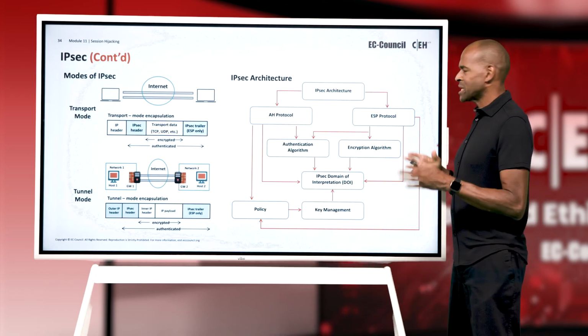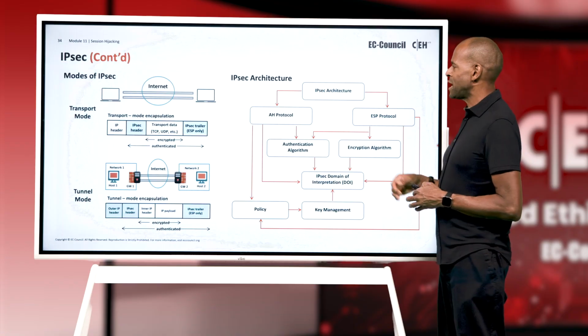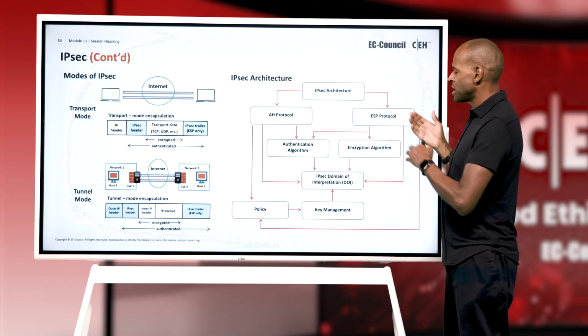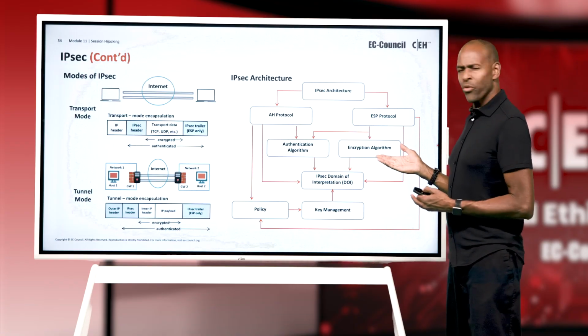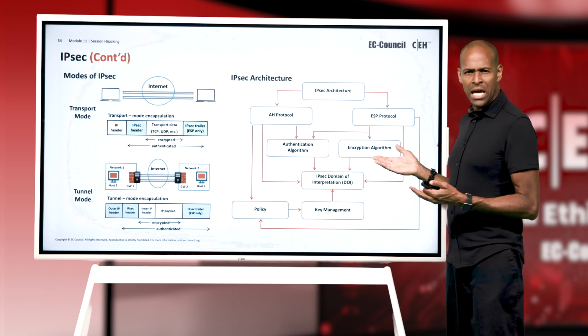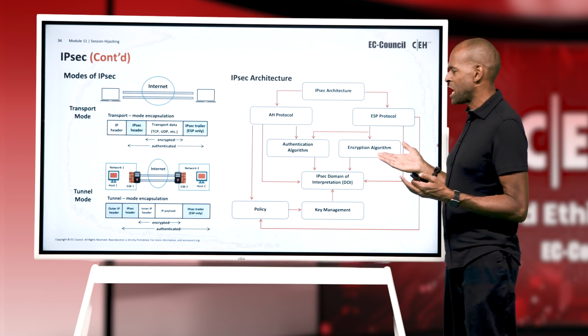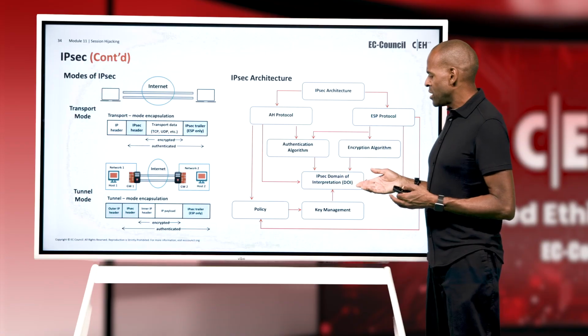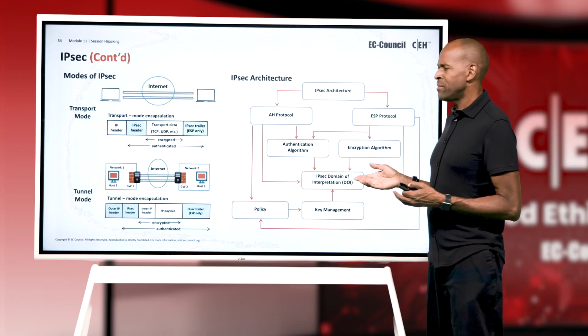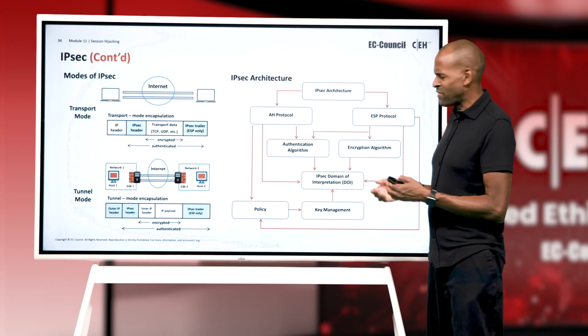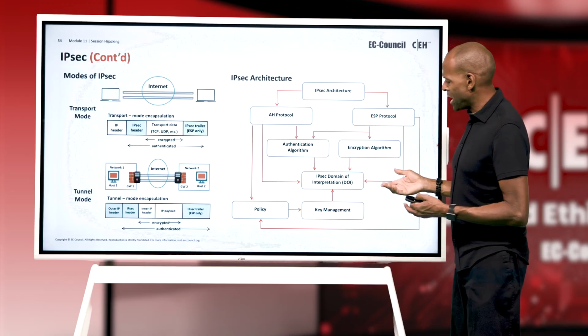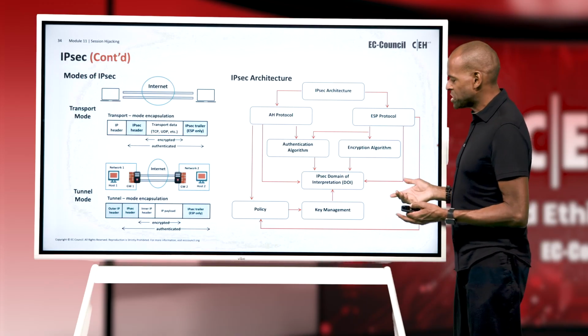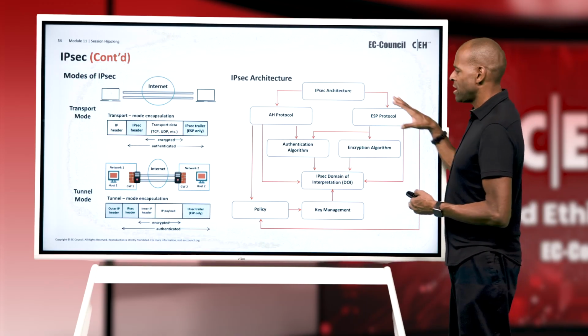So like I said, there are many moving parts to IPsec. There's AH, there's ESP. There are multiple encryption algorithms, AES, 3DES, and authentication algorithms. There are multiple ones. You also have a whole series of algorithms that you can use. There's domain of interpretation, key management, policies, and more.